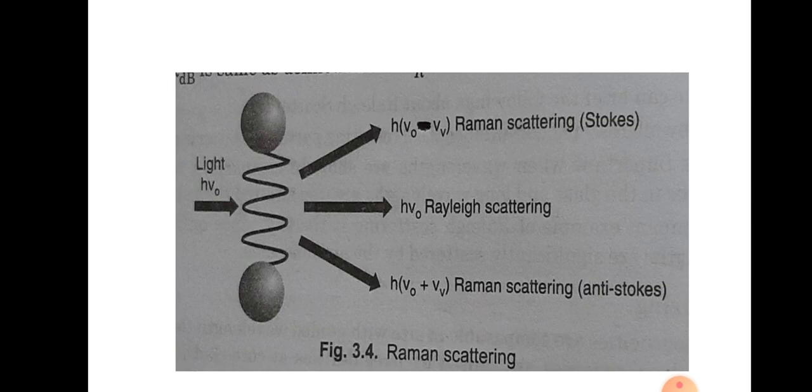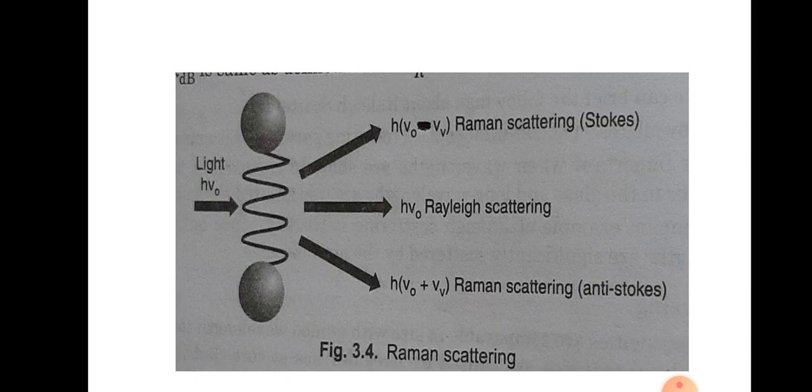In that case the output scattered wave has the same frequency as that of the original incident light wave. That means if the incident light wave has an energy hν0, then the Rayleigh scattered wave has the same frequency, situated at hν0.